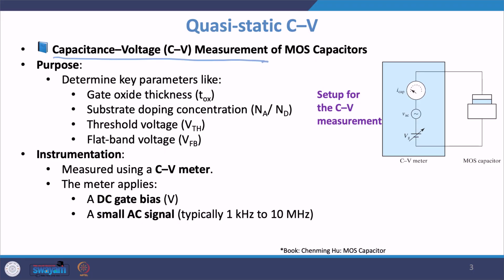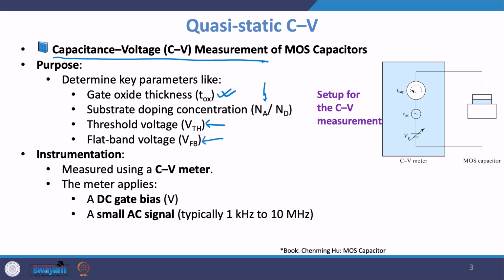Now, for all the CV characteristics which we find out, the measured CV characteristics, the determining key parameters, some physical and some structural, are as follows. If you do a capacitance versus voltage measurement, from here I can find out the oxide thickness, the substrate doping concentration, be it acceptor or donor type, the threshold voltage of the device and of course the flat band voltage.